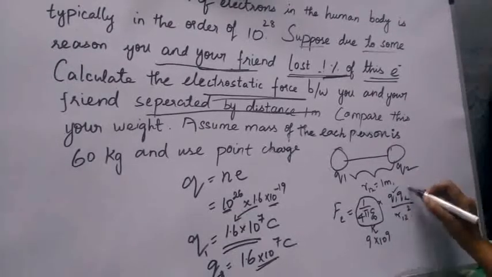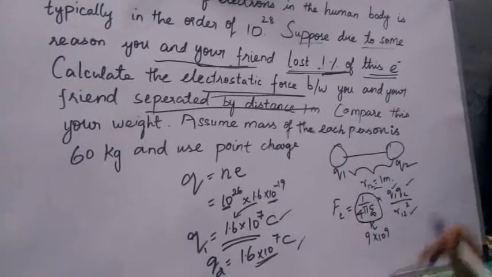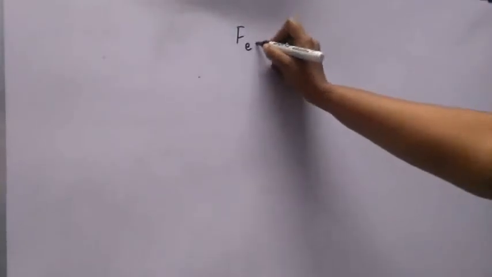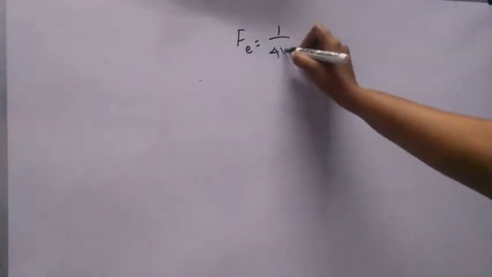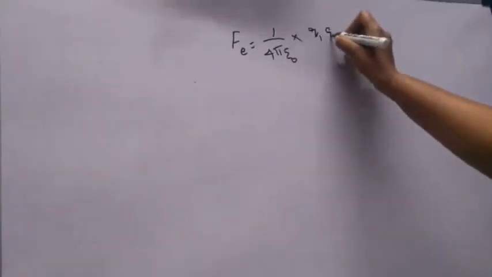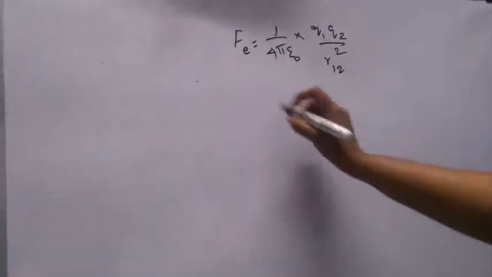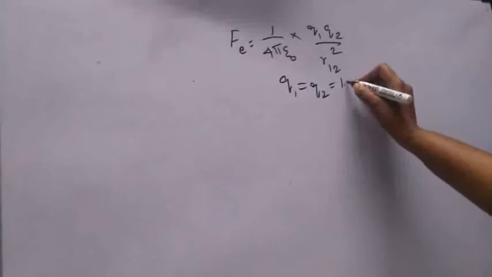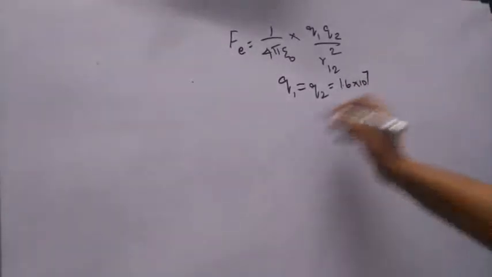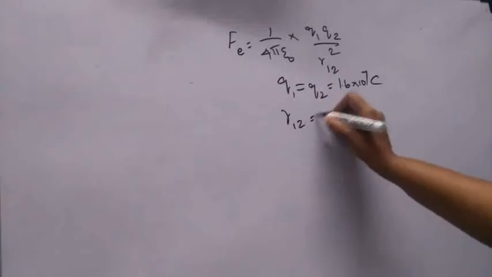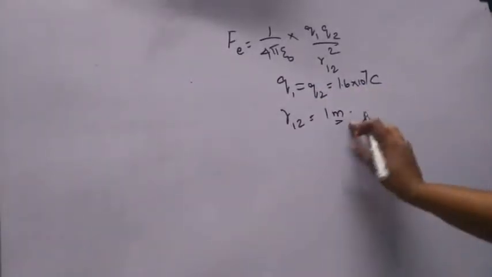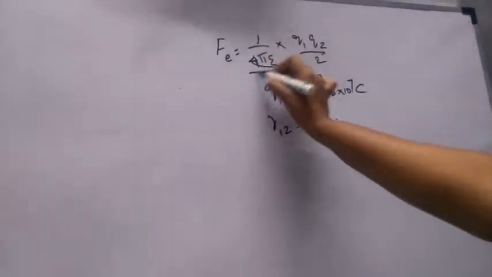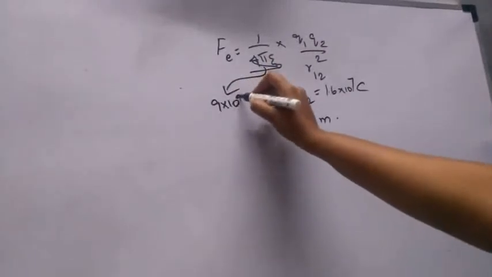And now we know the Q1, Q2, R values here, substitute them and you can find the answer for F. I know the Q1 value is equal to Q2 value, which is equal to 1.6 into 10 to the power 7 coulomb. And R12 is 1 meter. Meter is in the SI unit, so it is as such 1 meter. And the value of 1 by 4 pi epsilon naught is simply 9 into 10 to the power 9.